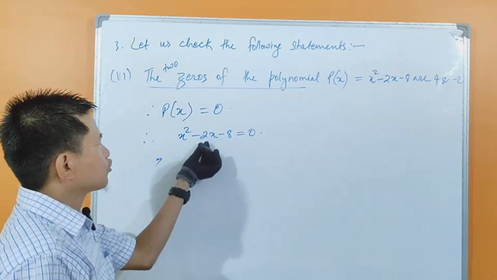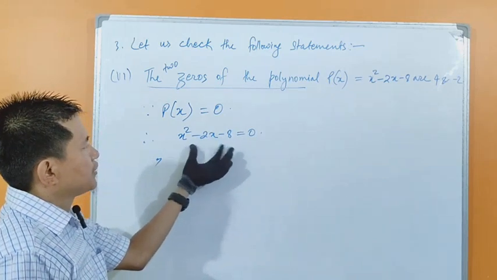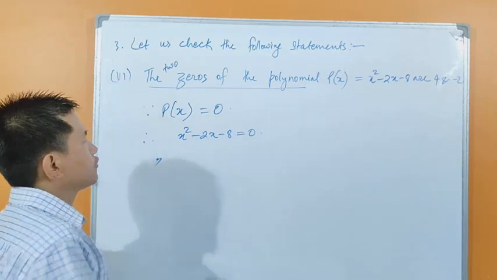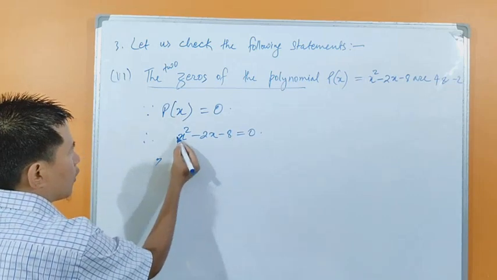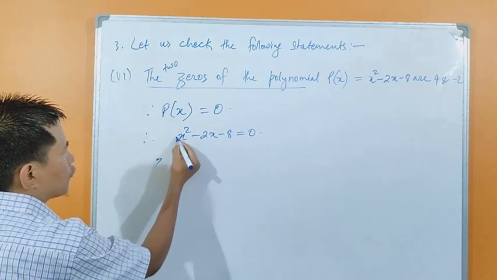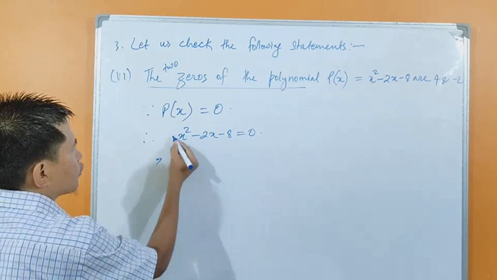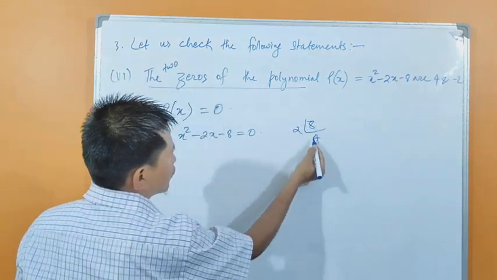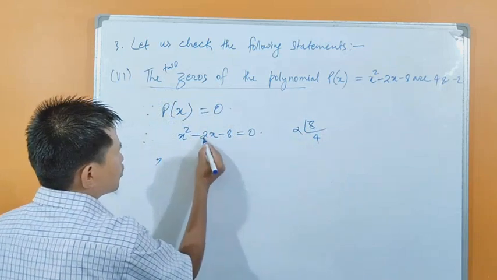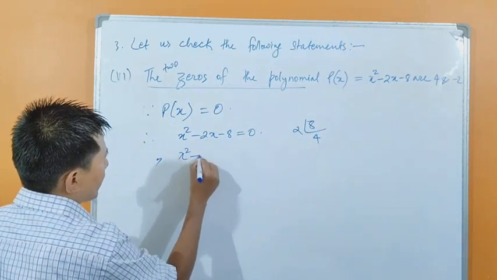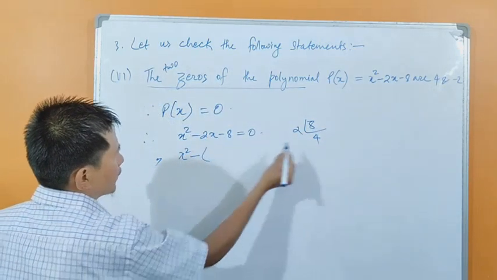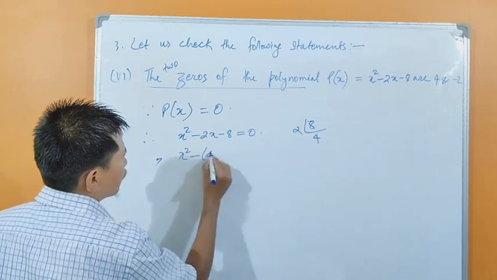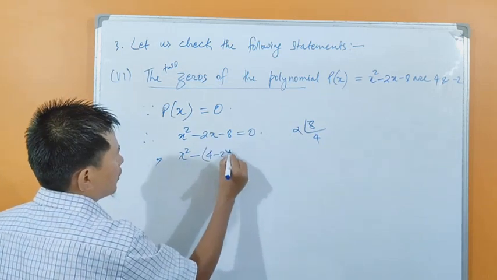Let us divide this 2 into 2 parts. How do we do that? There is 1 as coefficient of x square. So 8 ones are 8. Okay. 2 fours are 8. Now this 4 minus 2 is 2. X square minus, instead of this 2 we write 4 minus 2, because 4 minus 2 becomes 2.